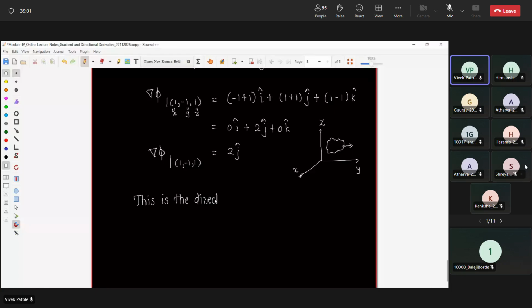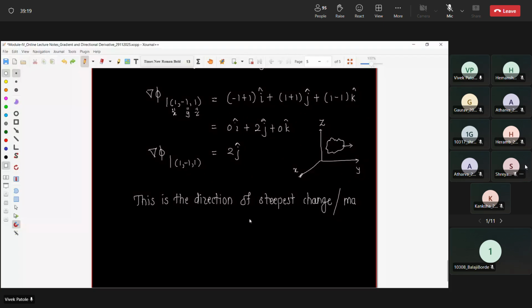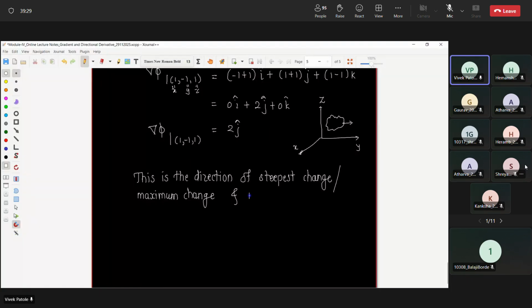This is the direction of steepest change, or maximum change, you can say, and maximum magnitude.